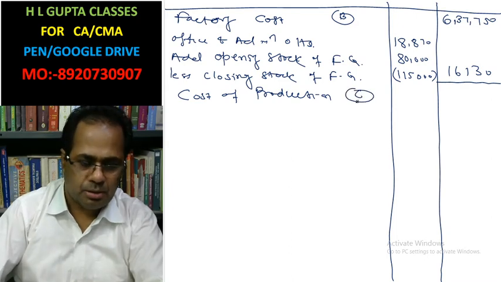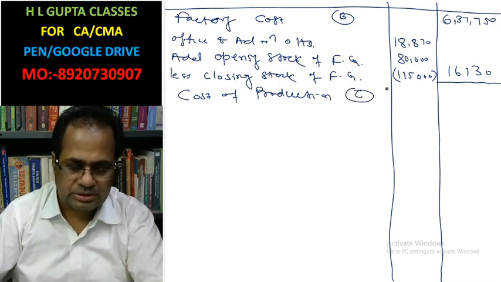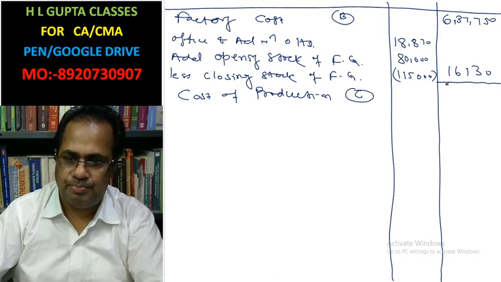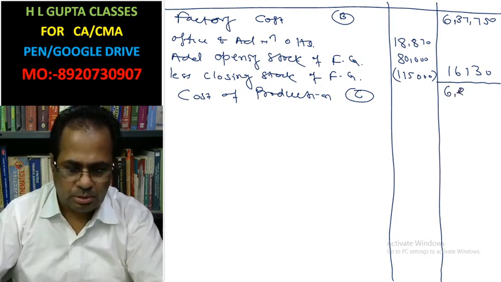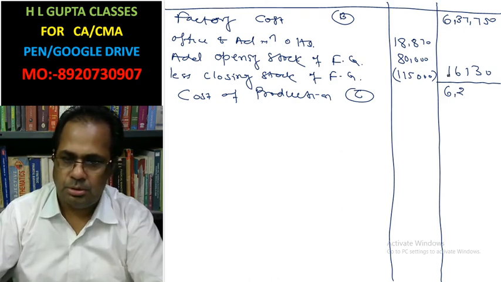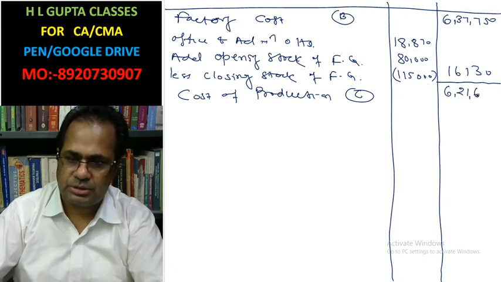This is C part. Cost of production 6,21,620.